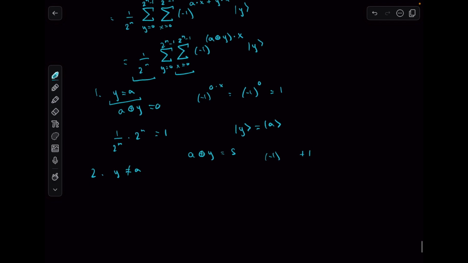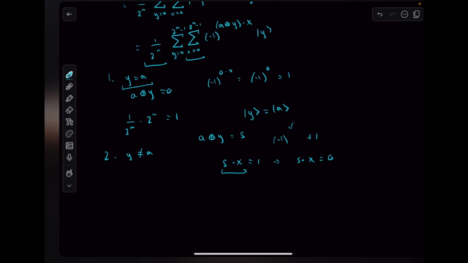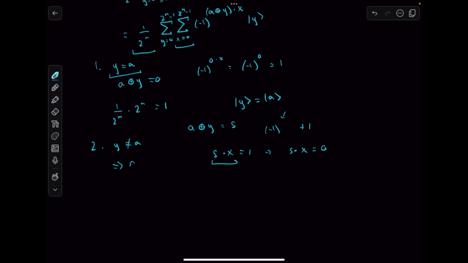So the same number of times that we're going to have s dot x equal to 1, where this is the modulo 2 inner product, we're going to have just as many times that s dot x is equal to 0. And what ends up happening is all the times that it's 1 cancel out all the times that it's 0 because of this flipping of the phase factor. So what happens when y is not equal to a is that the resulting amplitude is 0.